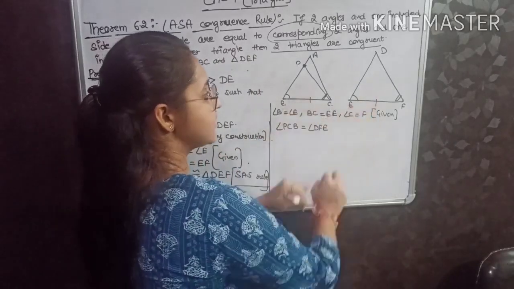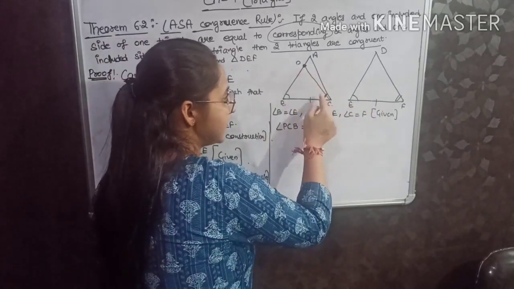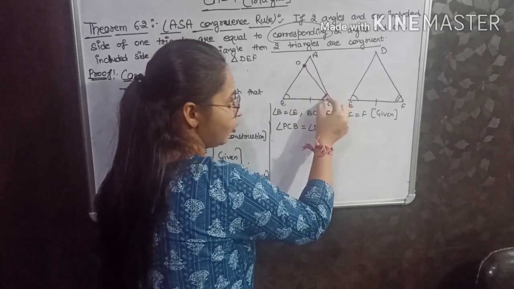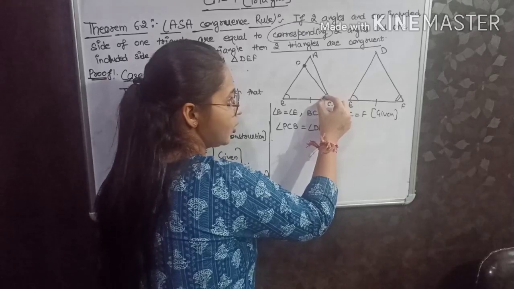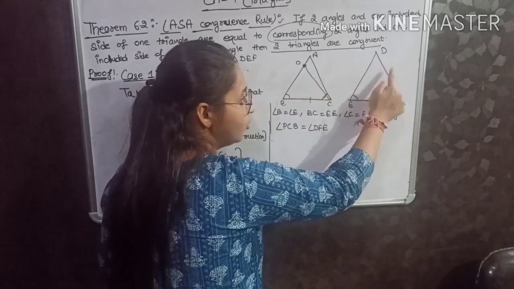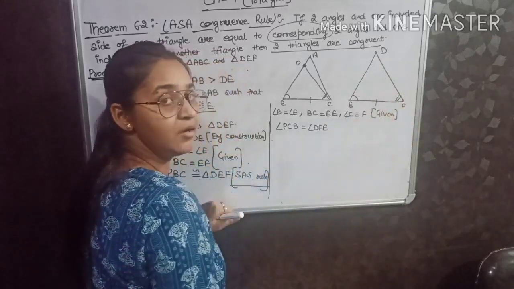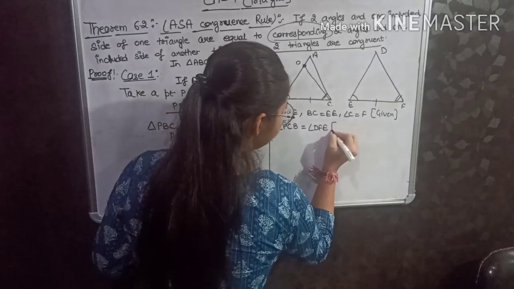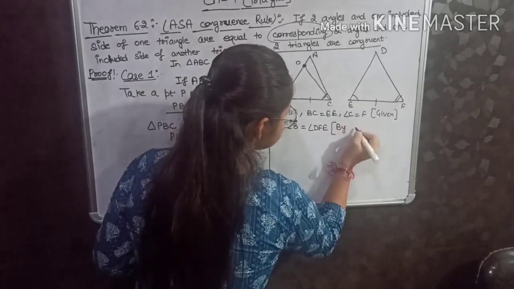If these two triangles are congruent, then I can say this angle PCB, not this complete one, only this angle of this triangle, will be equal to DFE of another triangle, because these two triangles are congruent. Very good. And you can write by CPCT.